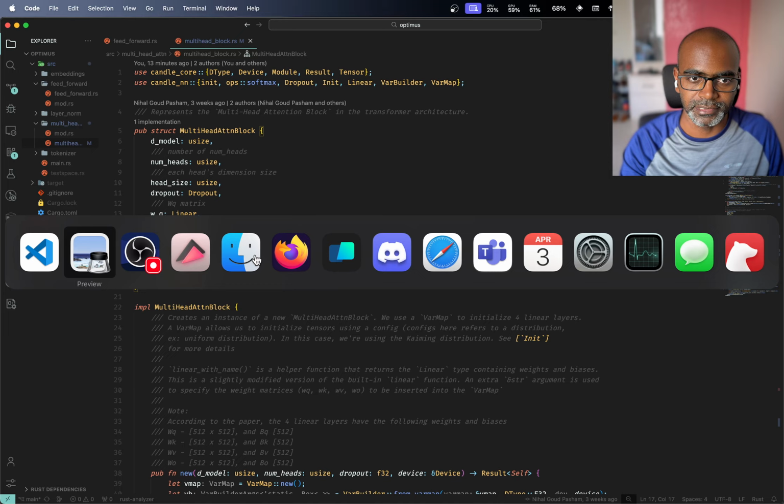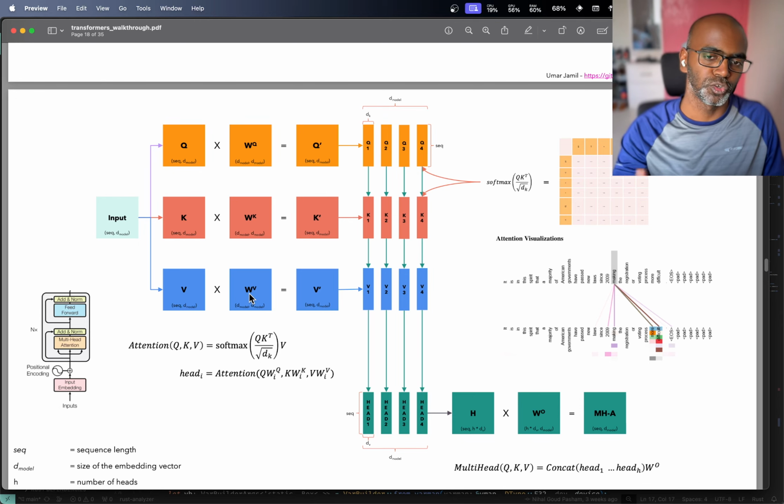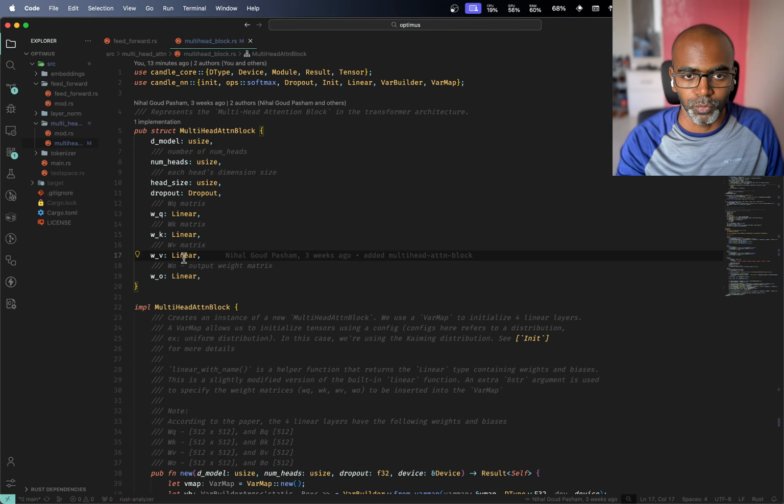The way we do that is, if you go look at this diagram again, you'll see that this WQ, WK, and WV are the new matrices that you need. You can assume this is part of your state that you're going to need. So I'm basically going to include them here. And I also need WO, which is this part.